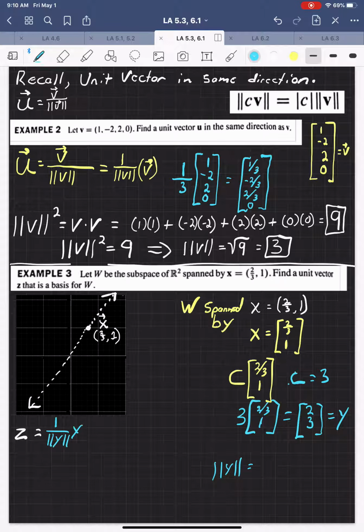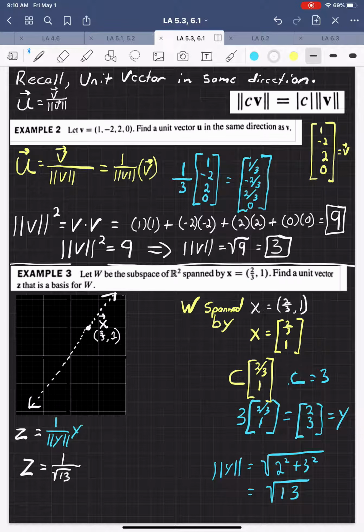Well, the magnitude of y is equal to the square root of 2 squared plus 3 squared. So therefore, the magnitude of y is equal to the square root of 13. Okay, so now I know what to put here for magnitude of y. So z is equal to 1 over the square root of 13, multiplied by y, which is 2, 3. All right, well, what do we get? We get a vector.